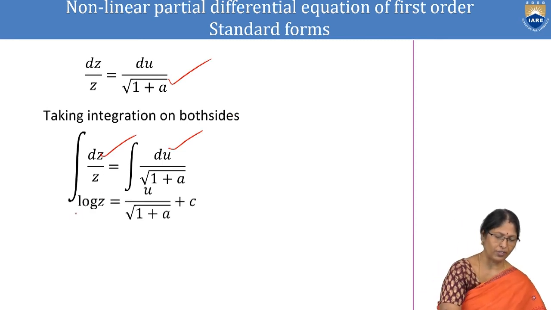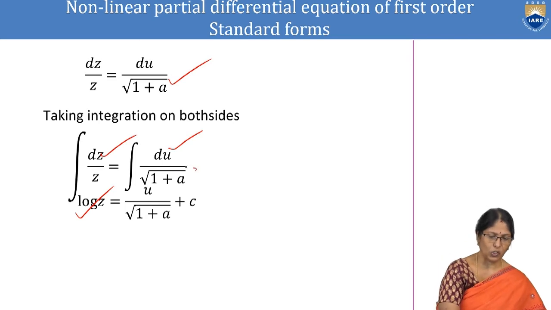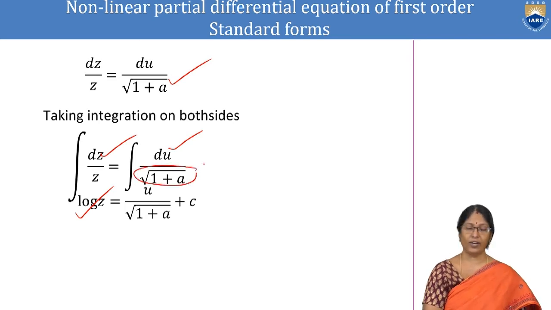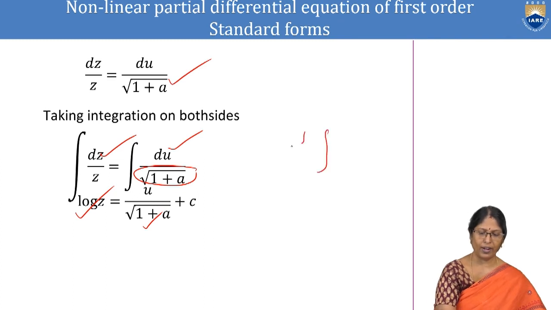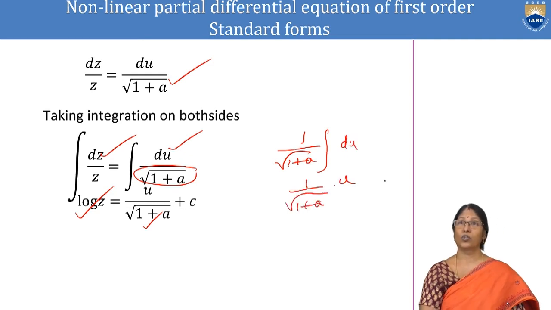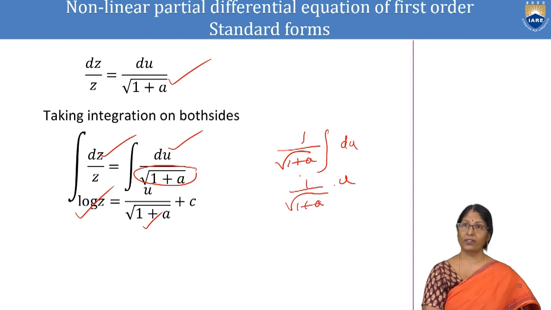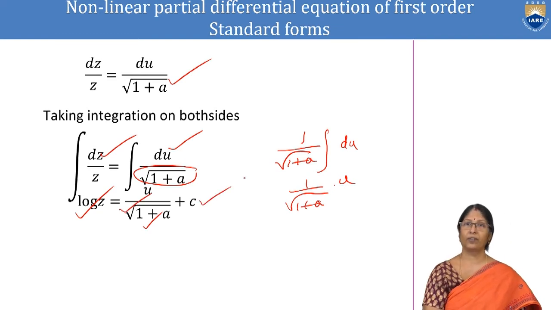So the integration of dz/z is log z. This is playing the role of a constant. We can write it like this also: 1/√(1+a) du, the integral is u, plus c.